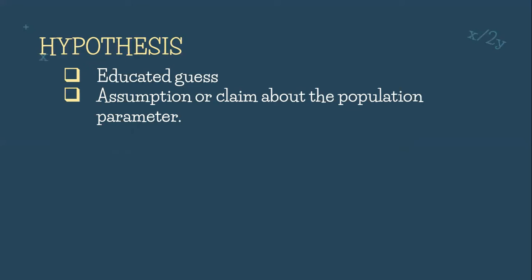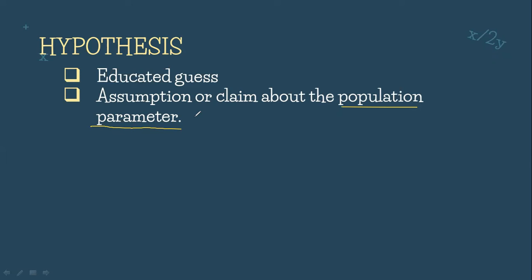So it is an assumption or claim about the population parameter. I want you to take note of the words population parameter, and not sample statistic. When we say population parameter, we are dealing with the measures of central tendency and the measures of variability.